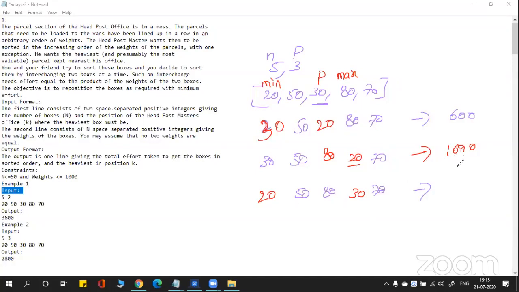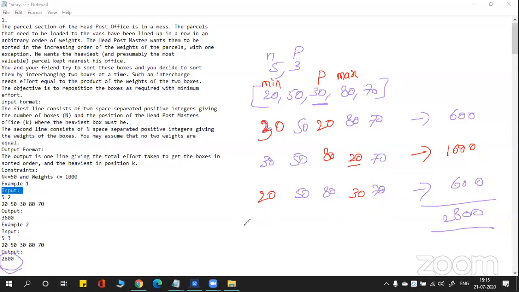So what will be my effort? My effort again will be 600. So totally, 3 6 are 18 plus 1000, 2800. So that is how the effort is 2800.